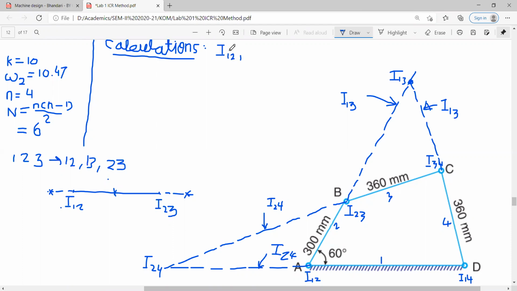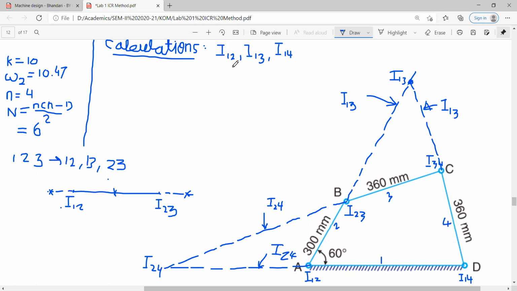You can see that this is related with link 1, I12. So one should always be there in that ICR. That ICR we will use for calculation purpose. Then the ICR I13 will be useful. Similarly, the ICR I14. You can use these three ICRs in order to find various velocities.